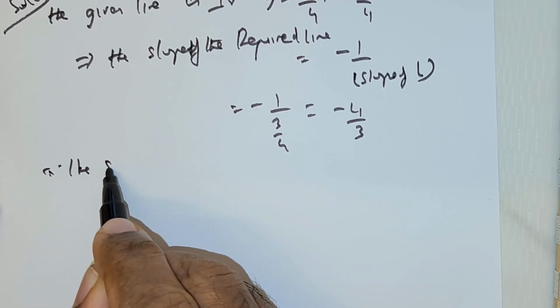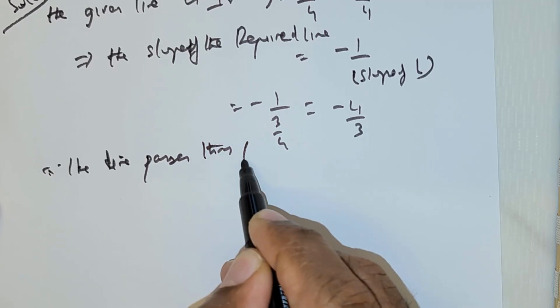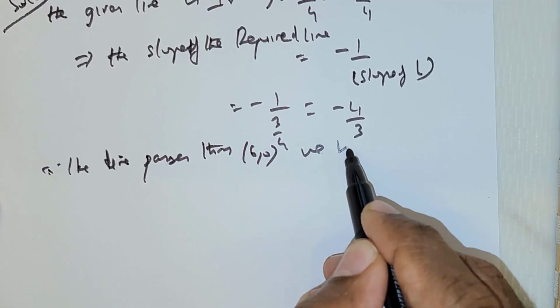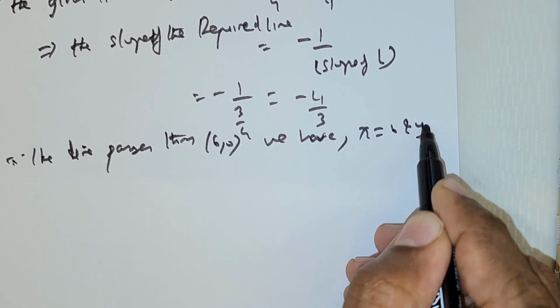Now since the line passes through (6, 0), we have x = 6 and y = 0.